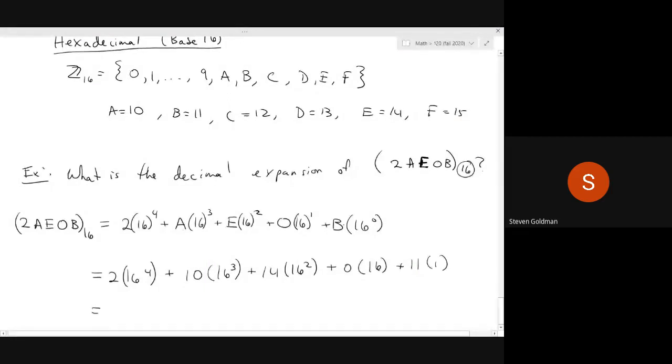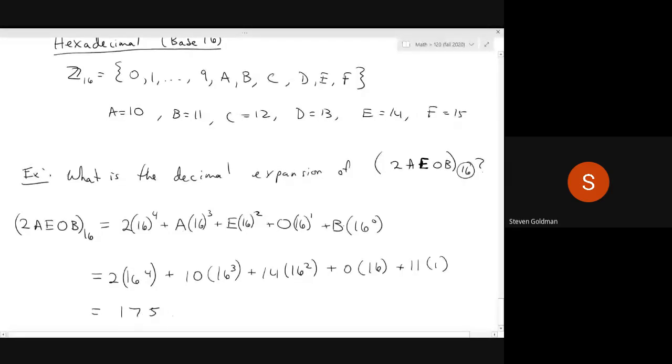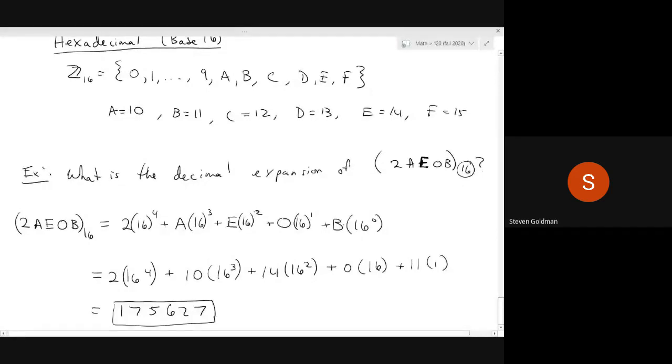So you take out your calculator, you plug that in, and you get 175,627. So the number 2AE0B in hexadecimal is the number 175,627.